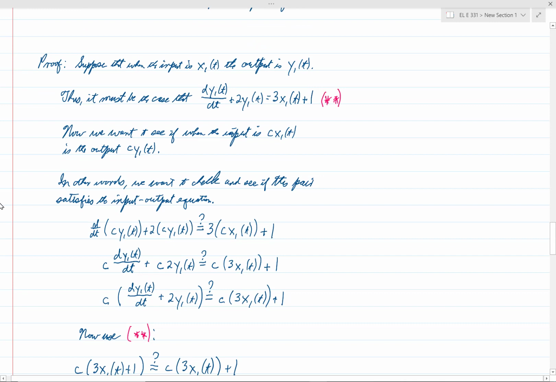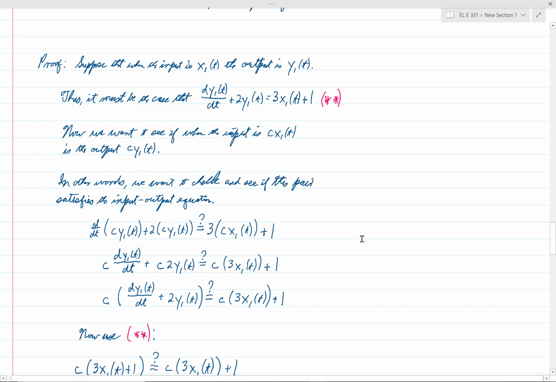Now, just like before, the c can come outside of the derivative because it's a constant. So I get c dy1/dt there. And the c and the 2 can interchange. They're both constants, so I can write c times 2 instead of 2 times c. Again, I'll bring down the equal sign with question mark, and flip the order of c and 3 here.